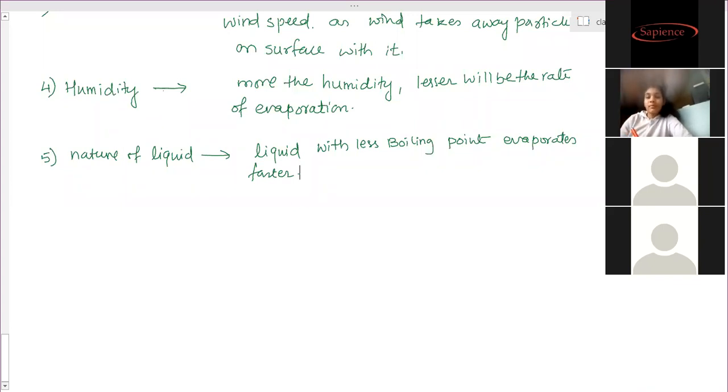On a windy day, more wind speed increases the rate of evaporation. So the water from the clothes evaporates very fast and clothes get dried faster. But on a rainy day, more water vapor is already present in the atmosphere, so the rate of evaporation decreases.